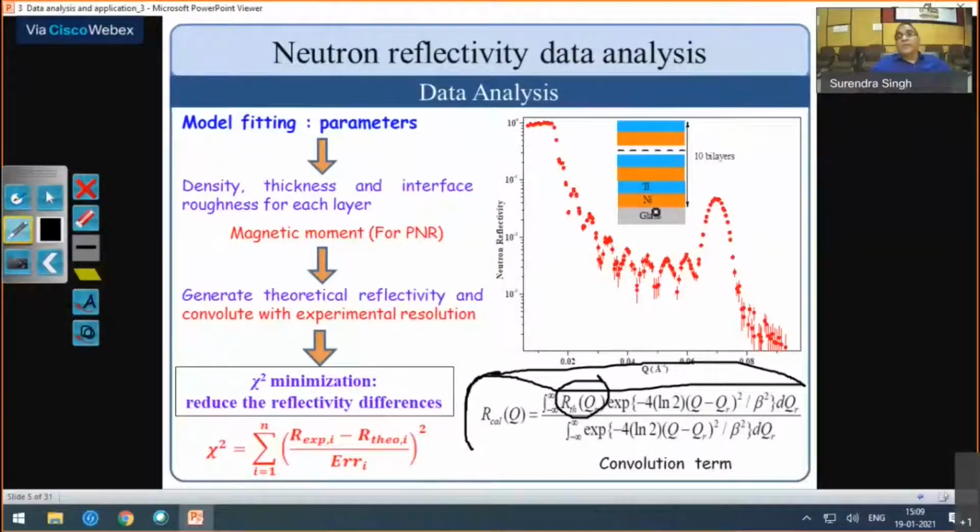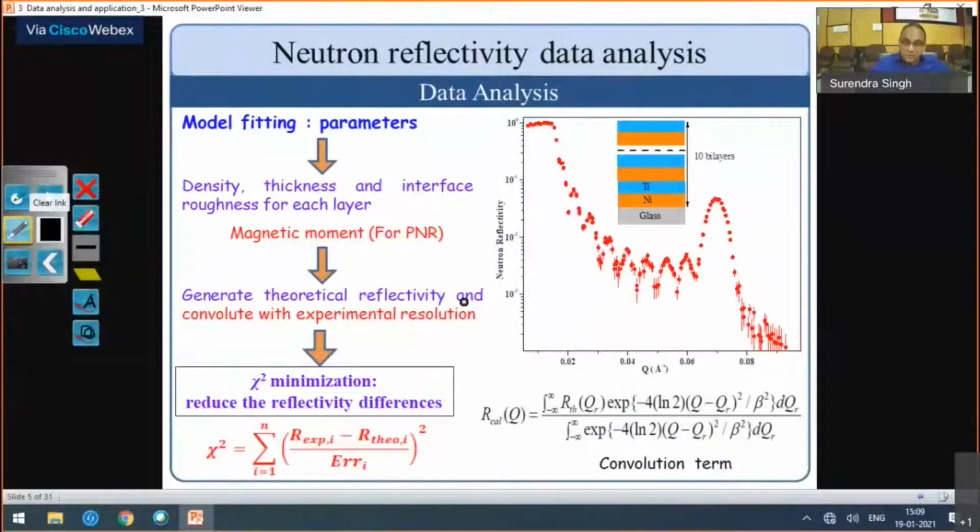So you generate theoretical reflectivity data and convolute it with the experimental resolution. Then you have experimental data at each Q and theoretical reflectivity with convolution at each Q, and you calculate this chi-square, which is defined over here. It is nothing but the difference between experimental and theoretical reflectivity, weighted by the error on the experimental data point.